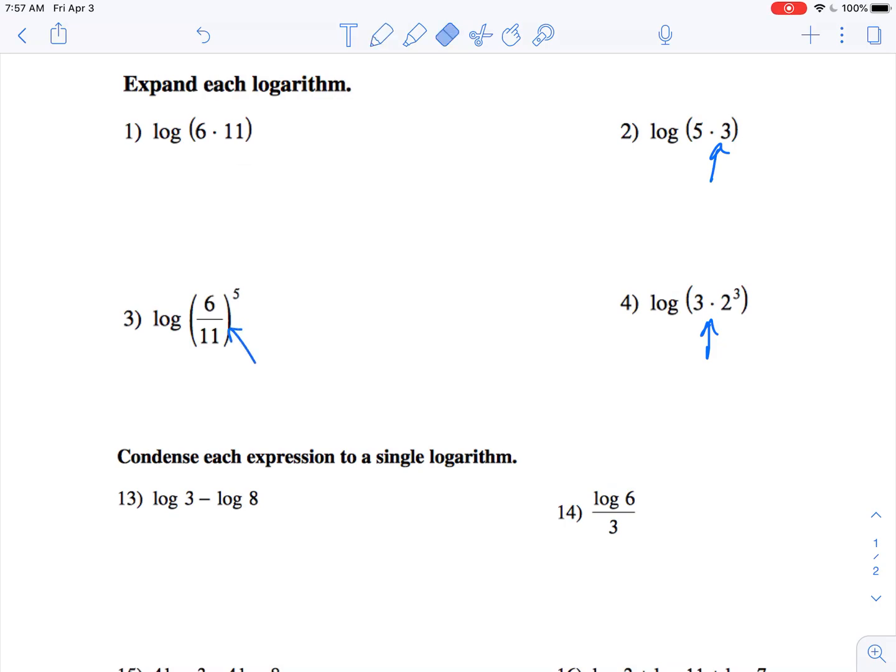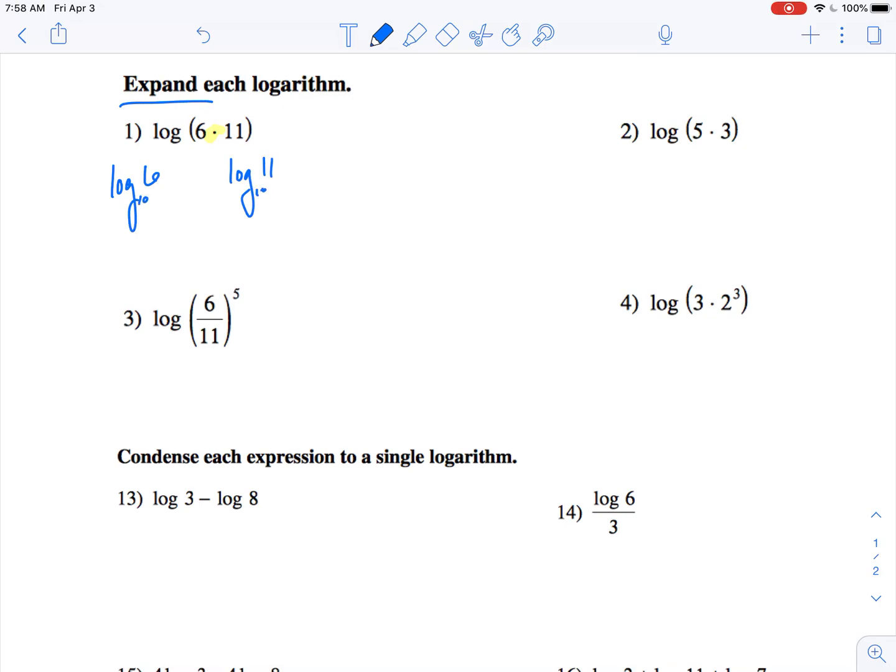expanding and condensing. Alright, so first thing we've got to look for is what operation do we see going on within the log itself? So am I looking at multiplication or division in here? In this first one, I've got multiplication, and once I've identified that, I've got to look at what operation goes with multiplying.